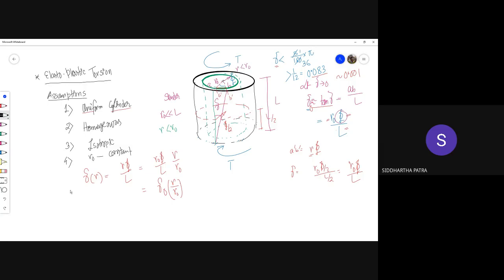Then statement number 5 is plane sections remain plane, which is to say that if I take a section right here, which is a plane, let's say before deformation, it doesn't deform into this.